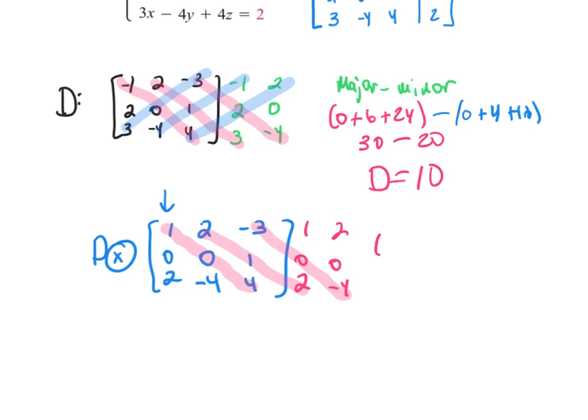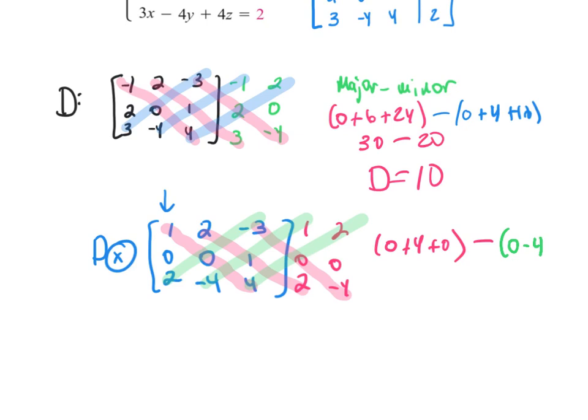So what is 1 times 0 times 4? 0. What's 2 times 1 times 2? And then what's negative 3 times 0 times negative 4? Good. Minus. What's 2 times 0 times negative 3? 0. What's negative 4 times 1 times 1?